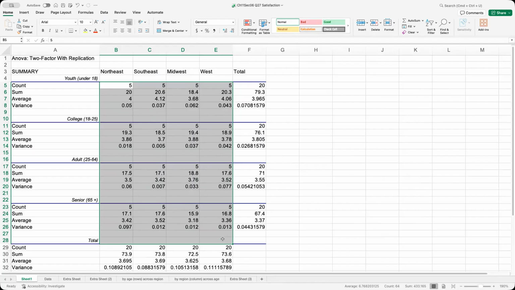Looks like 4.12, youth in the Southeast. Down here, I got a 3.18 with seniors in the Midwest. There's clearly a difference there, isn't there? If I did a t-test on those two combinations of individual factors, I'd be able to say, here's a strong difference between these two. But I basically said, I know there's a difference here. Questions?